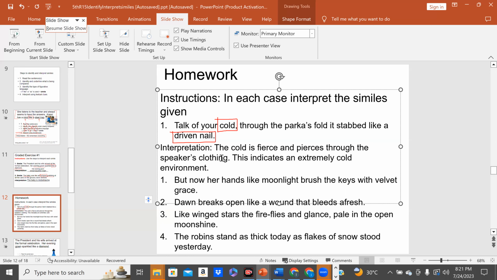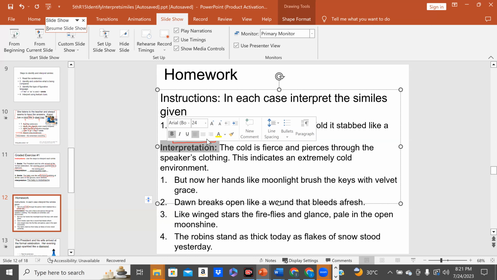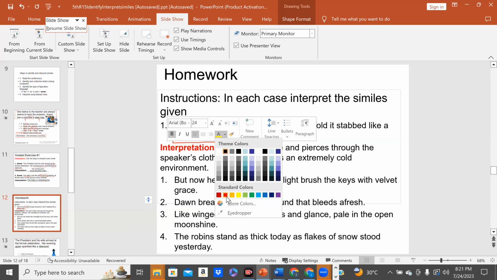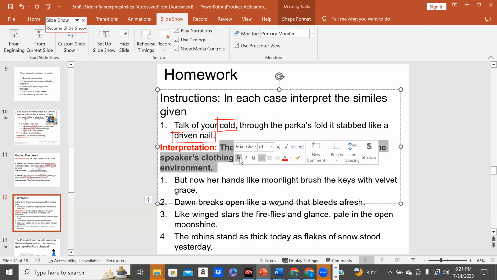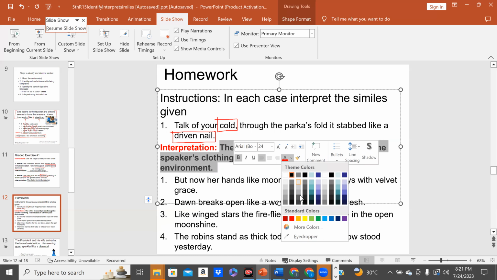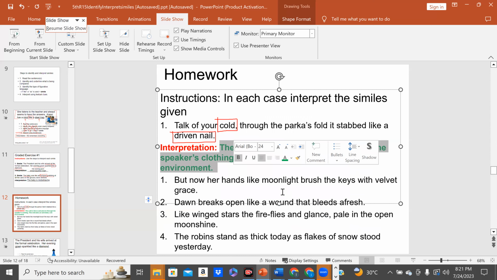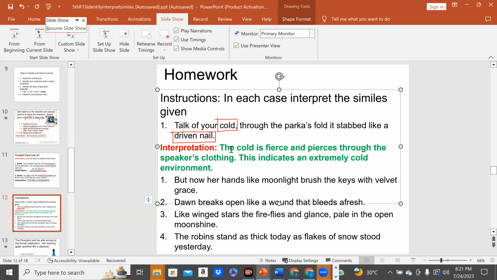So the author or the writer is in an extremely cold environment. So it says, "Talk of your cold through the Parker's fold. It stabbed like a driven nail." Very good writing piece.